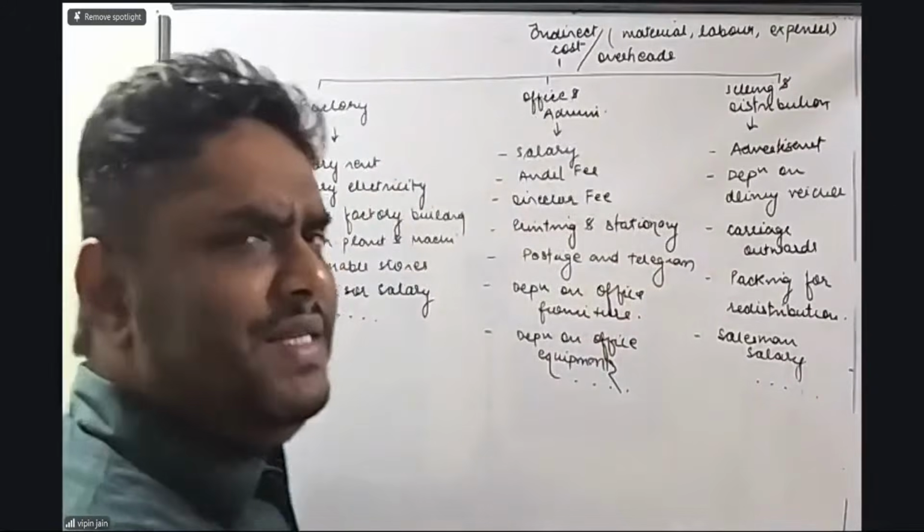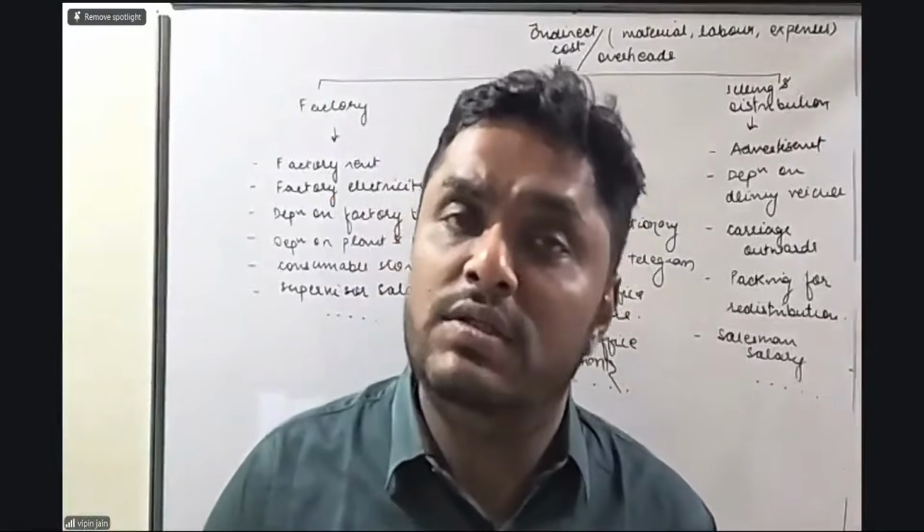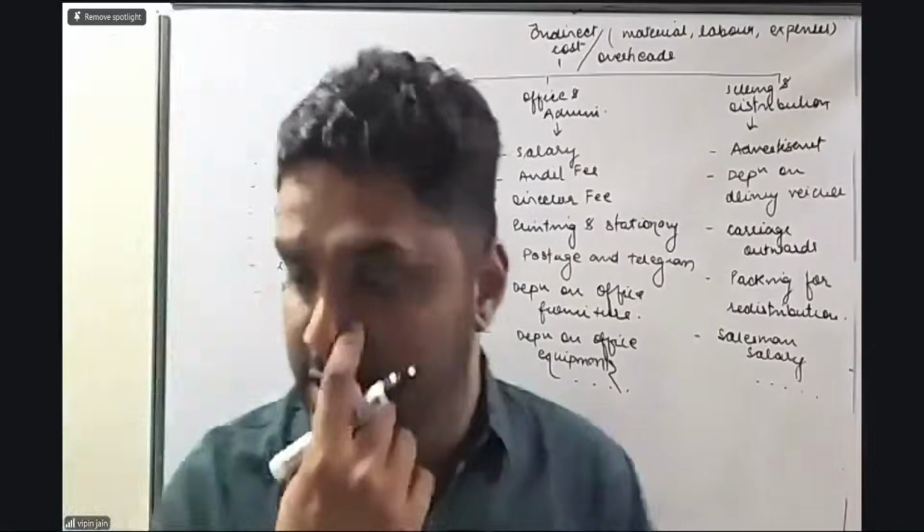So these are a few examples which will give you an overall idea of what all the indirect costs are that are incurred at the factory level, office and administration, and selling and distribution.